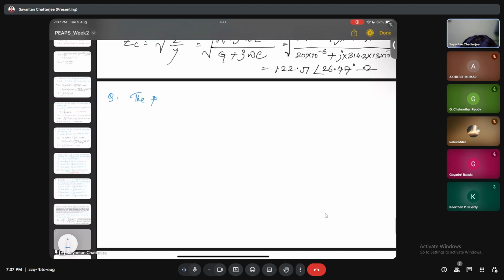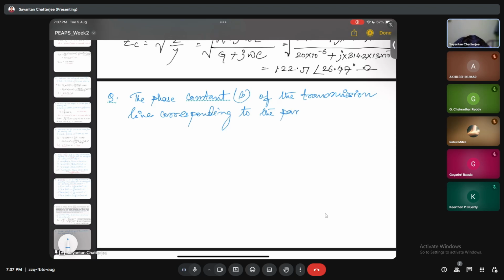The phase constant beta of the transmission line corresponding to the parameters given in the previous question.